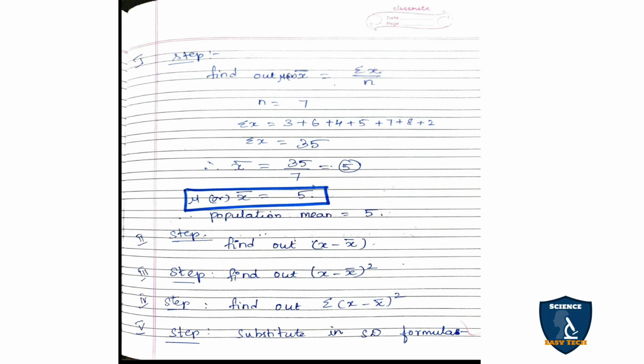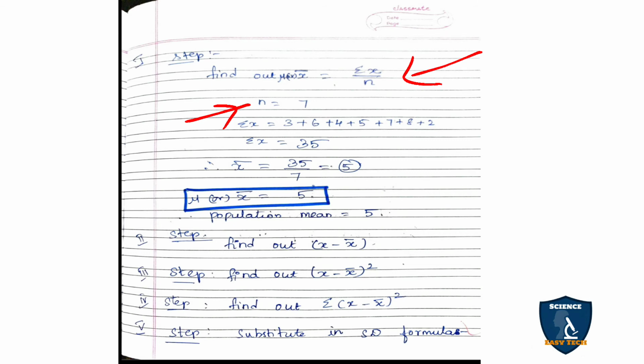Next step is to find x bar. X bar is equal to summation of x divided by n. N we already found, n is equal to 7. Here you have to find the summation of x. Summing up means totaling, so add all x values: 3 plus 6 plus 4 plus 5 plus 7 plus 8 plus 2.